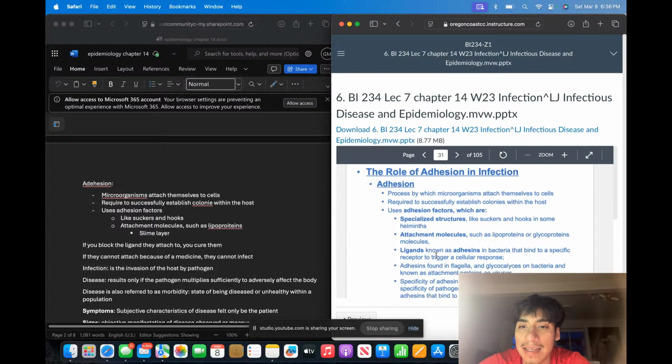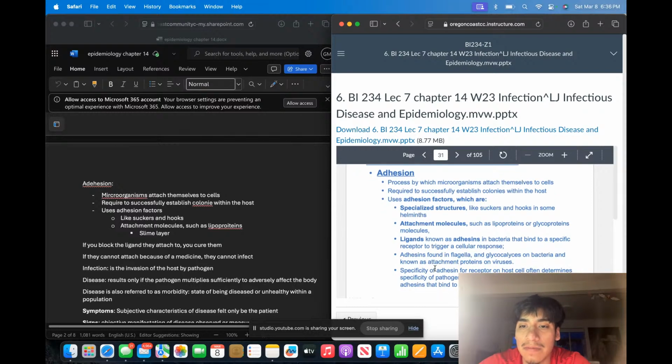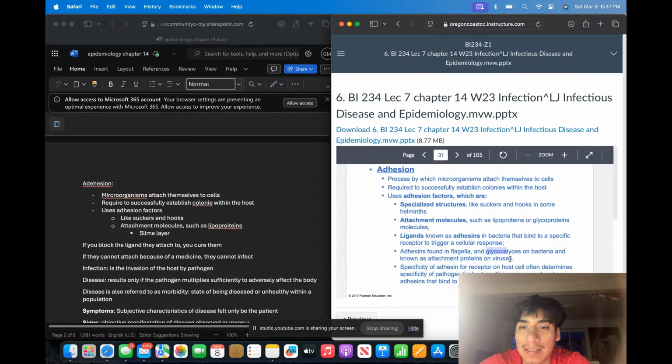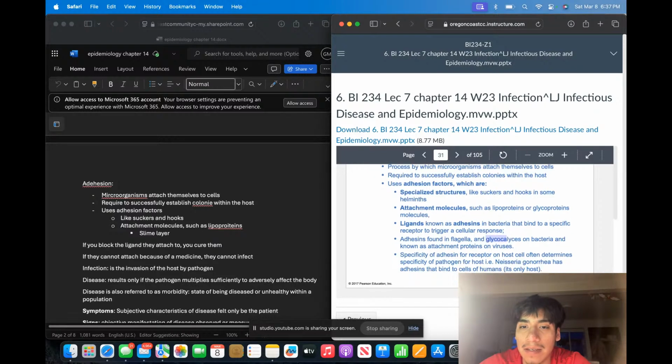Ligands, known as adhesins in bacteria, bind to specific receptors or trigger a cellular response. Adhesins are found in flagella, so these adhesins and attachment molecules could be found in the flagella, and are known as attachment proteins on viruses.